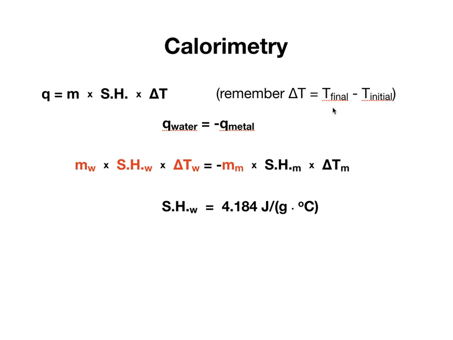We're going to know the mass of the metal. We're going to mass that. And we will be able to calculate the temperature change of the metal. And what we're then going to do is after we plug all of these in, we're going to solve for the unknown. So the unknown is going to be the specific heat of the metal.